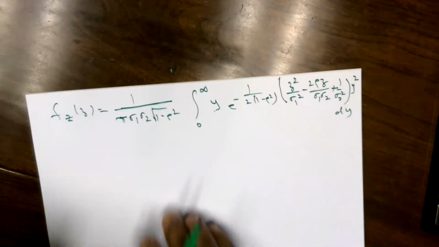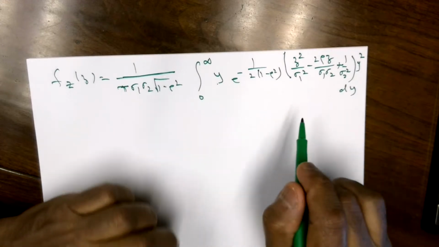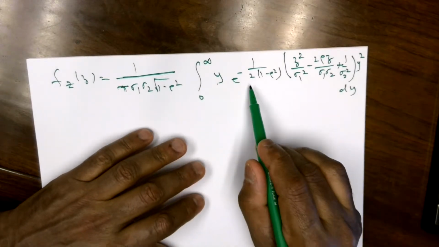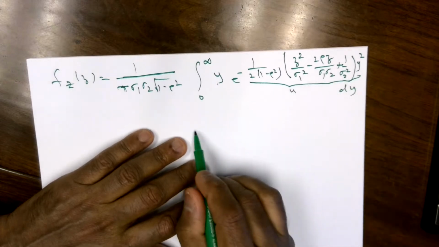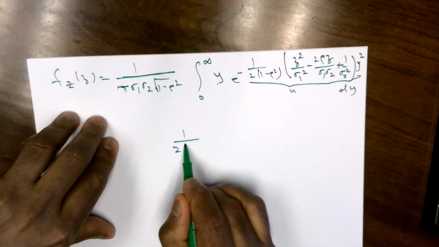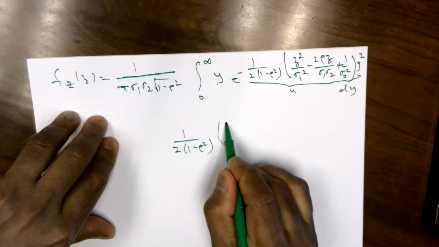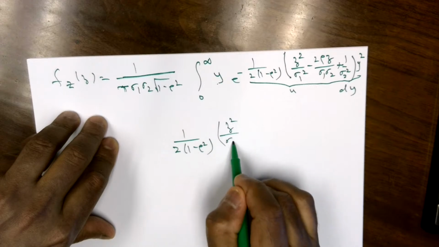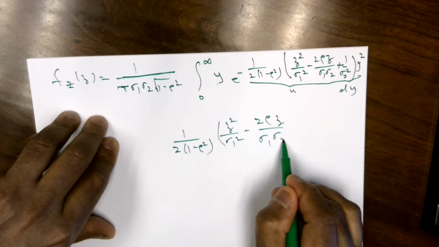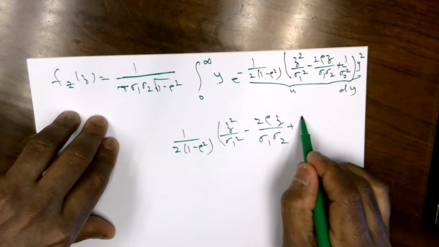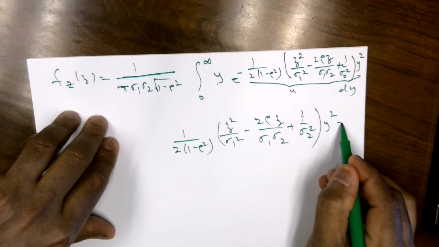So we just need to integrate all this and somehow integrate this out. So let me call this whole thing u. So I'm going to substitute 1 over 2 times 1 minus rho squared multiplied by z squared over sigma 1 squared minus 2 rho z over sigma 1 sigma 2 plus 1 over sigma 2 squared times y squared to be u.